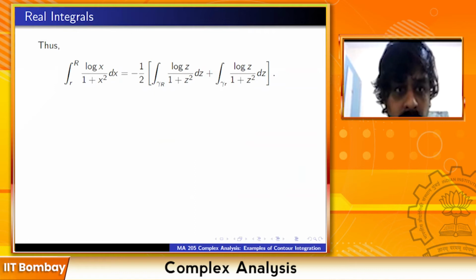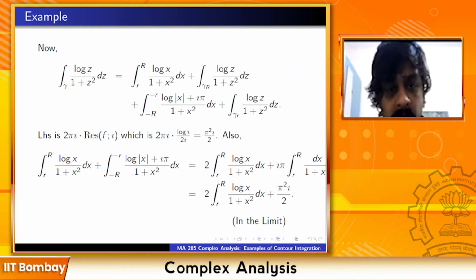So the integral of log x upon 1 plus x square dx from little r to capital R is equal to minus half times the integral of log z dz upon 1 plus z square plus the integral of log z dz upon 1 plus z square. The first integral is along the outer circle, the second one along the inner circle.